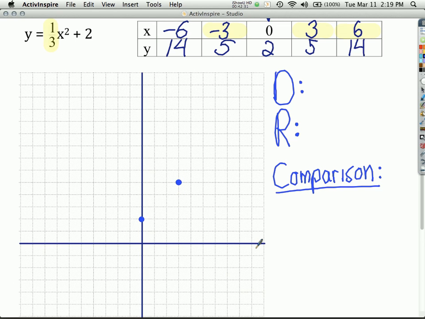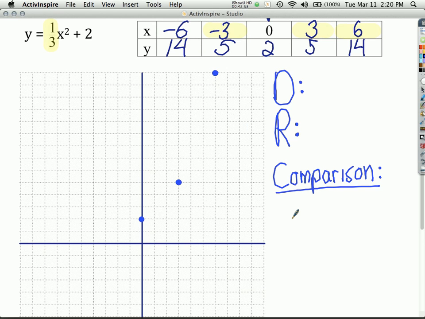That's the point right there. 6, 14. Well, here's 3, 4, 5, 6. Now I got to go up to 14. 1, 2, 3, 4, 5, 6, 7, 8, 10, 11, 12, 13, 14. I counted perfectly.